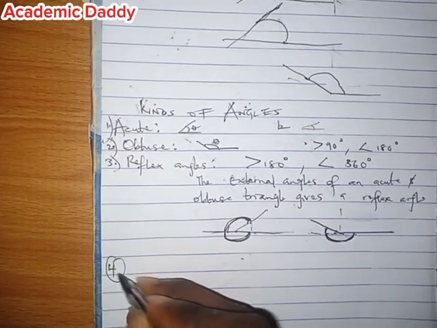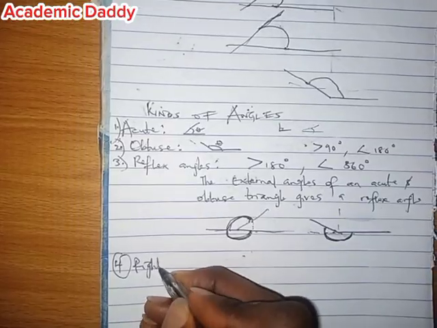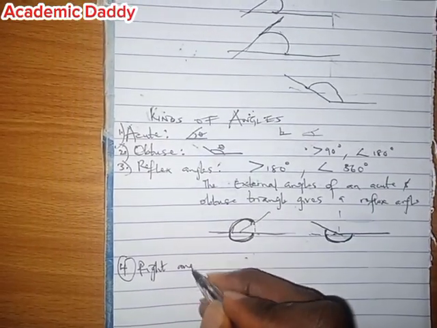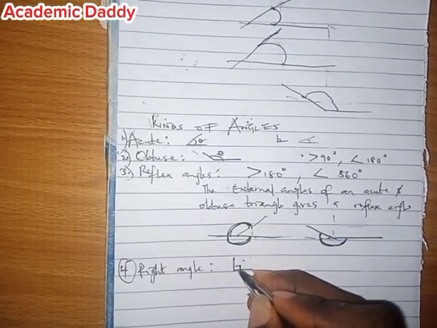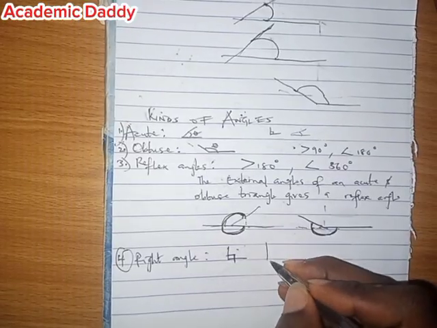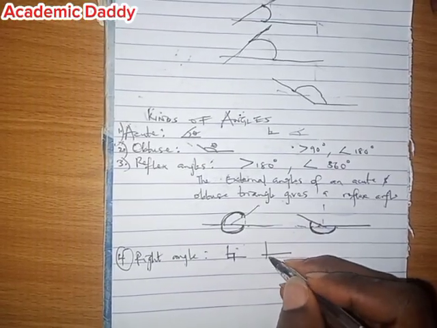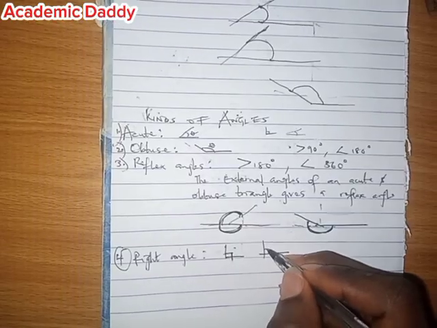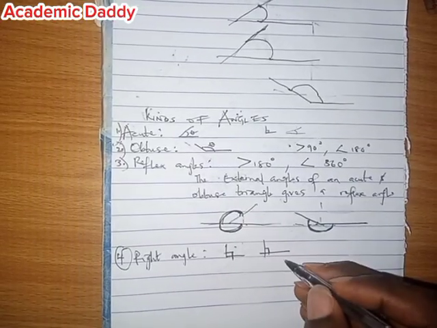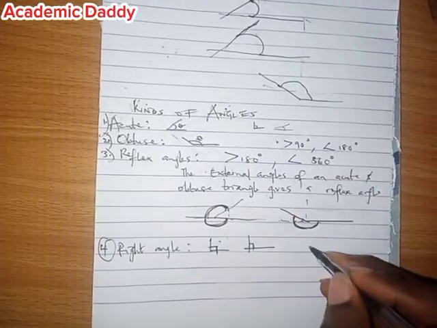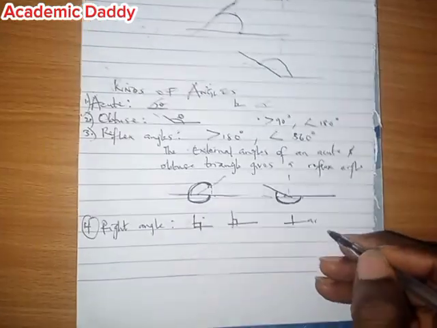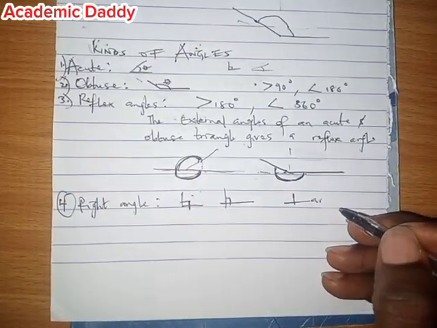So the fourth one is what we call right angle. Right angle is simply an angle that equals 90 degrees. When vertical and horizontal lines meet, it forms a perpendicular line, and that perpendicular line forms an angle which we call the right angle. Anything perpendicular means it is at 90 degrees.